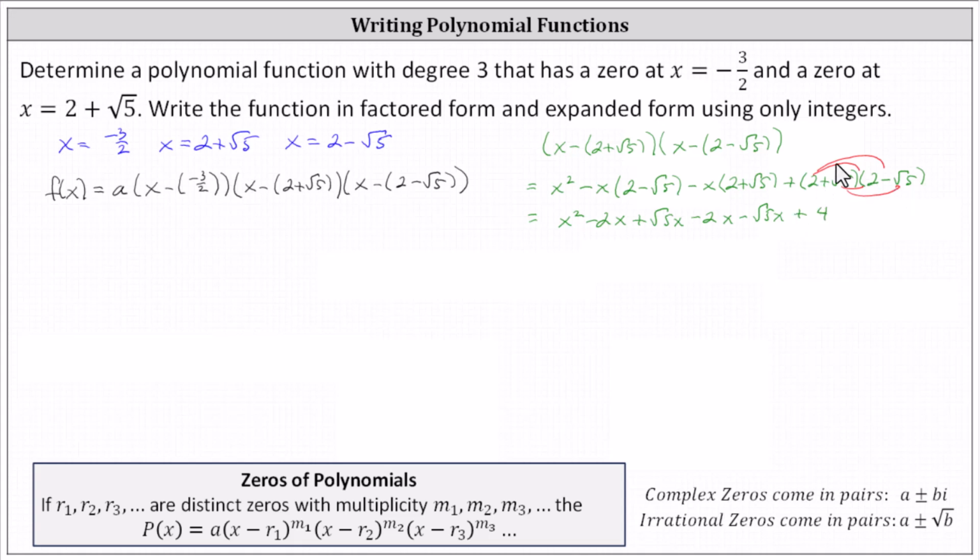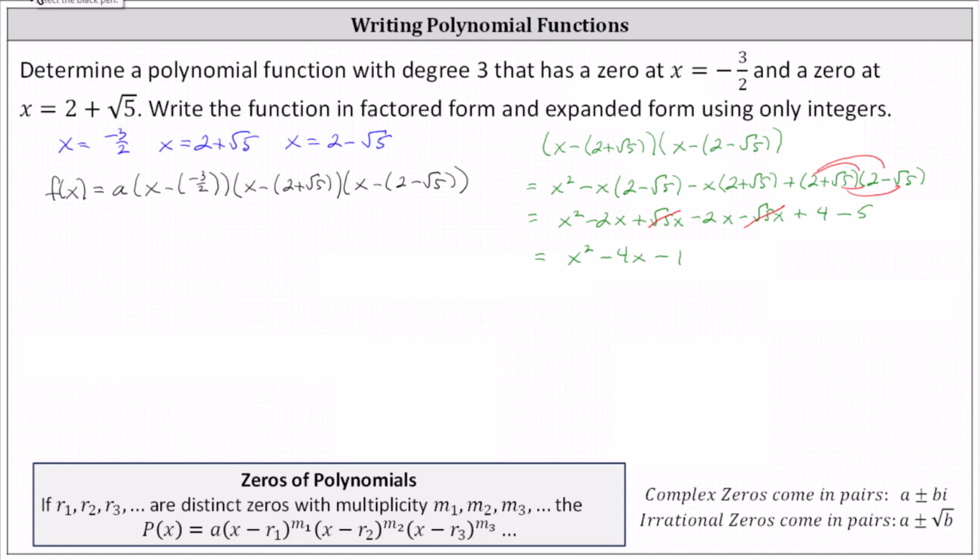And then we have minus 2 square root 5 plus 2 square root 5, which is 0. And then we have square root 5 times negative square root 5, which is negative square root 25, or negative 5, giving us minus 5. Simplifying, square root 5x minus square root 5x is 0. We have x squared minus 4x, and then 4 minus 5 is negative 1, giving us minus 1.